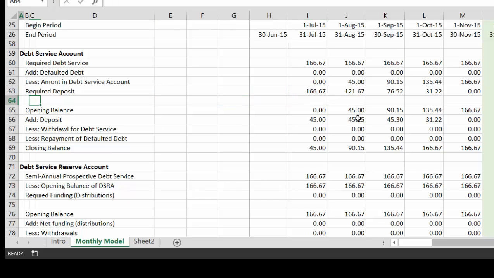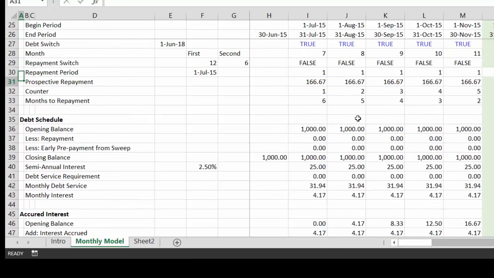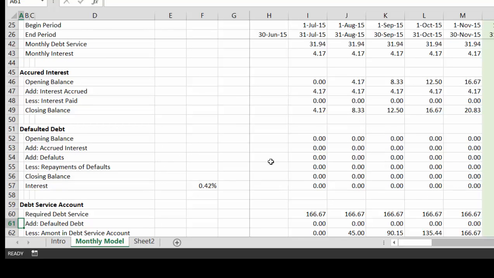That's why balancing the balance sheet is probably the most happy feeling you can have on the planet.